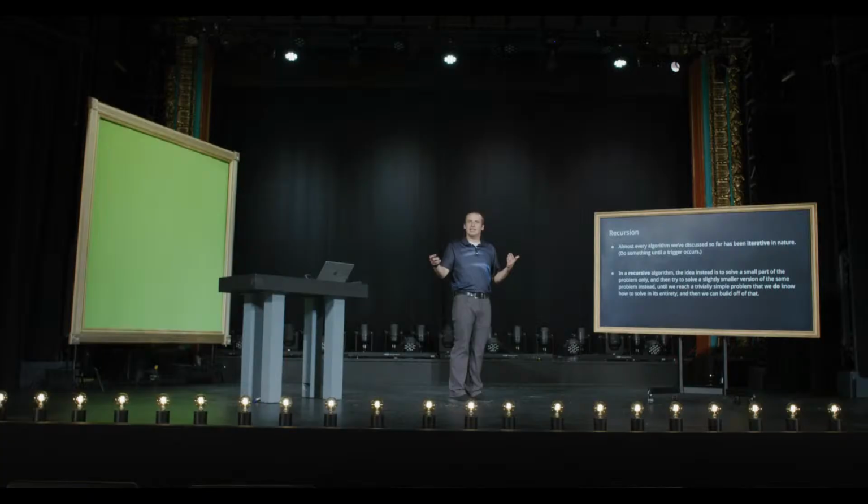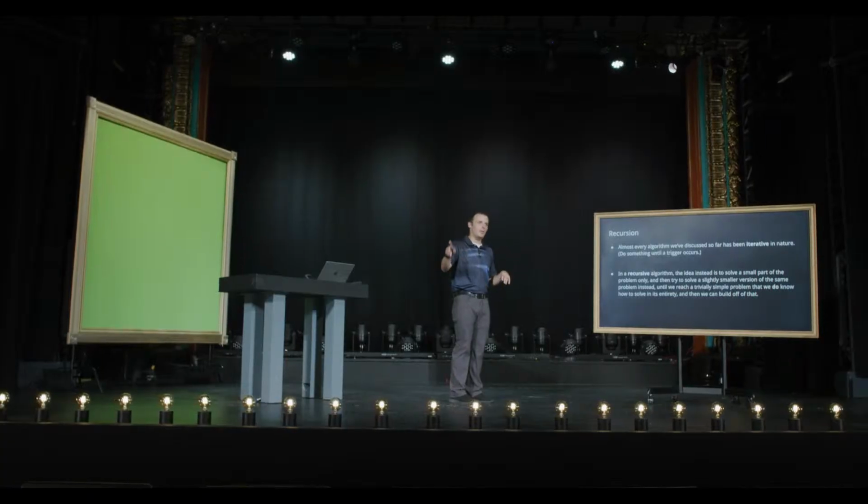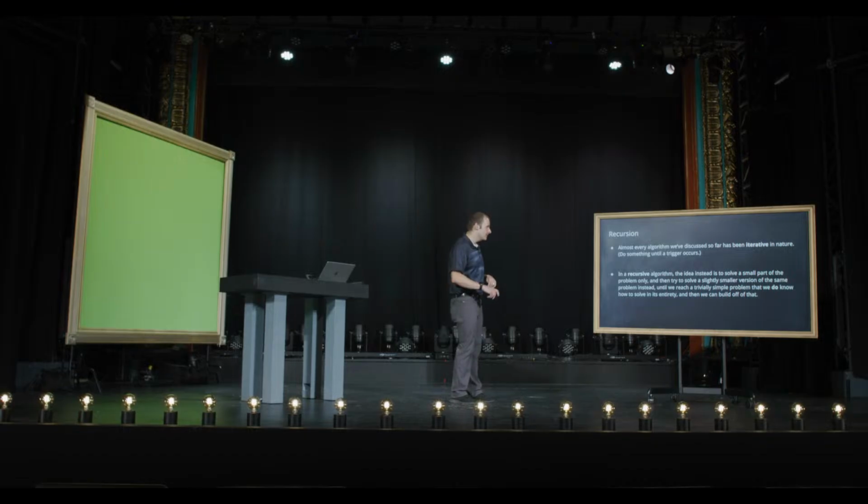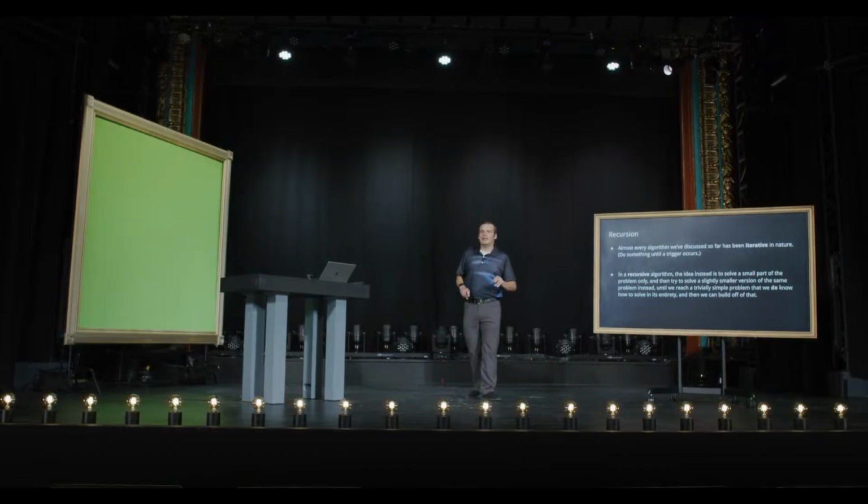As I mentioned, we're going to keep doing something in an iterative algorithm until some trigger occurs. Either we've reached the end of the list, or we found what we were looking for. We go back to the beginning and do it again. In a recursive algorithm, it's a slightly different concept.